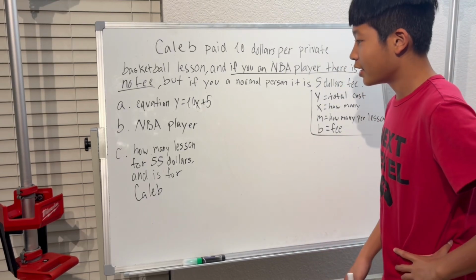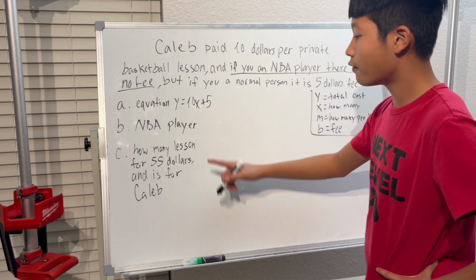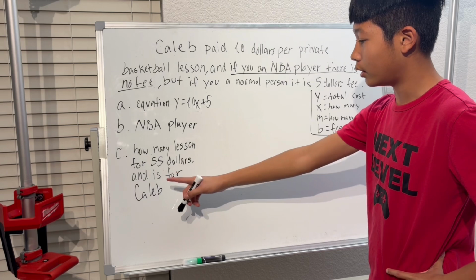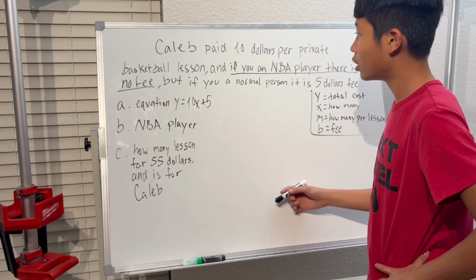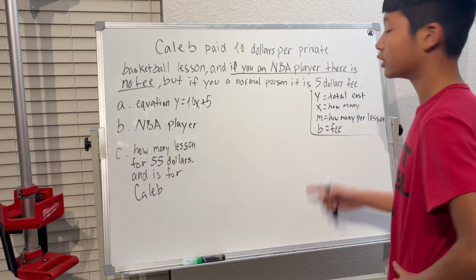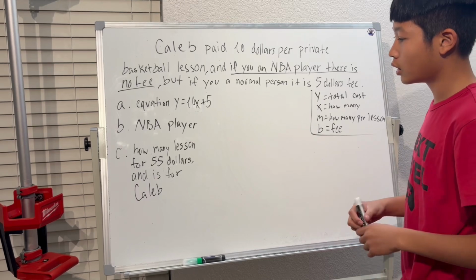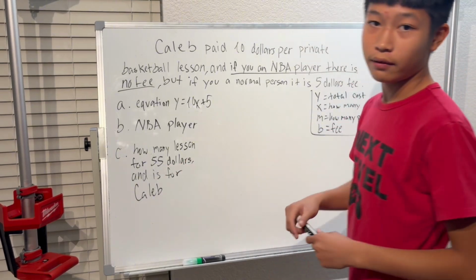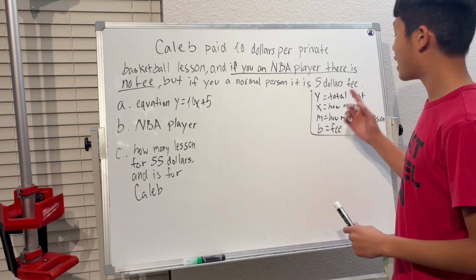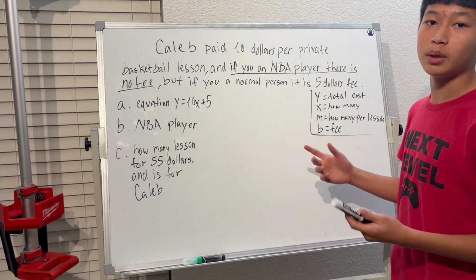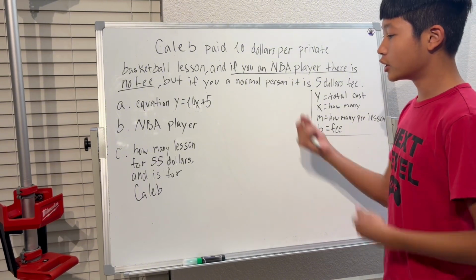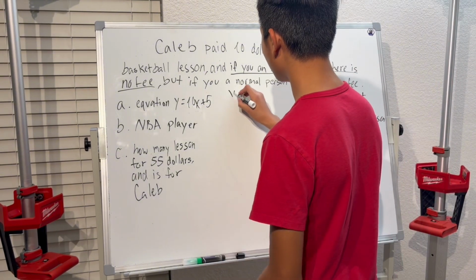Okay, now for part C. Part C is how many lessons for $55, and it's for Caleb. So Caleb is a normal person, so the fee is gonna be $5. So 55 is y, because that's the total cost, how much you pay. So let's write the general formula.